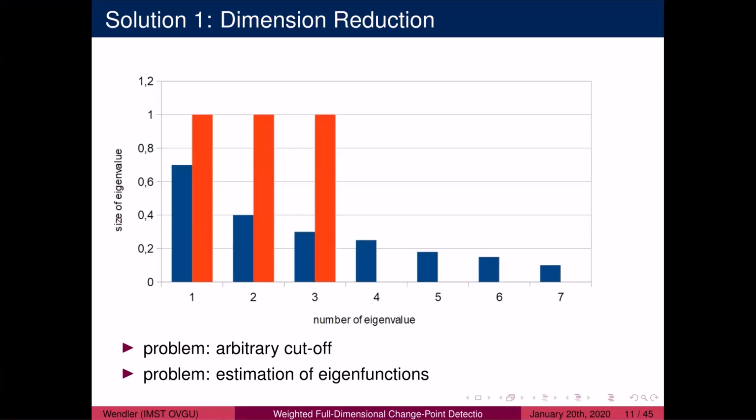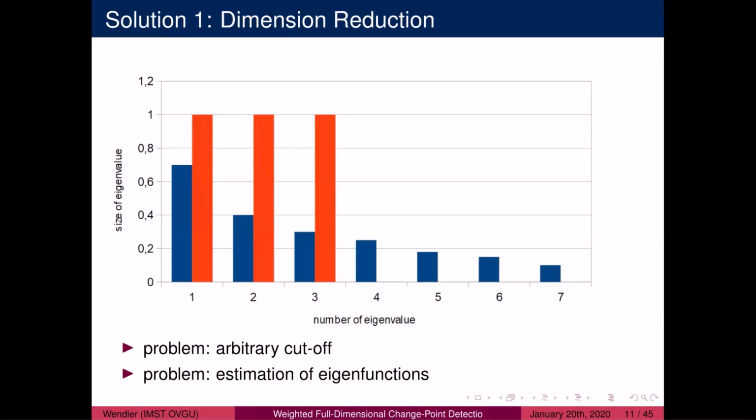Right, but no matter what your cutoff is, it might happen that very similar eigenvalues are treated quite differently. So this is what I said here. It's a somewhat arbitrary cutoff, you can have different rules, and then a slightly different estimation of eigenvalues might lead to a different dimension you're treating.